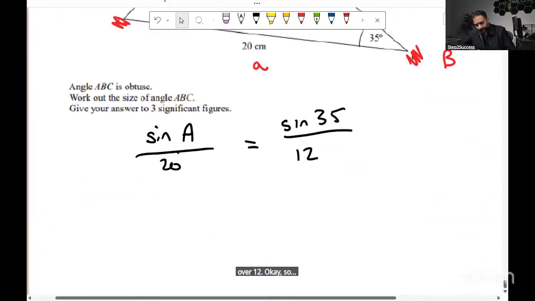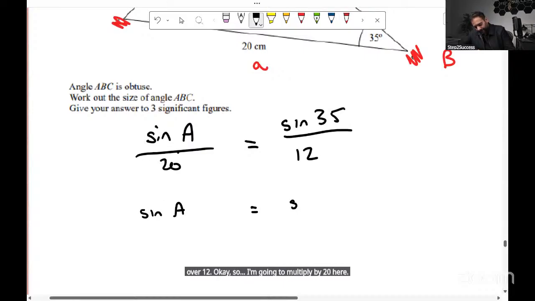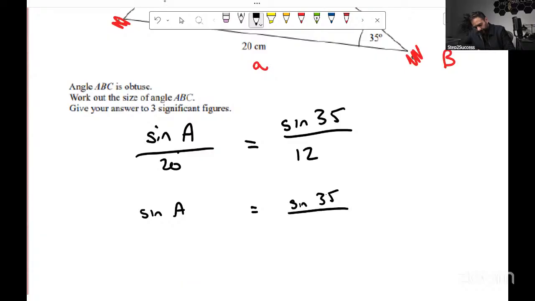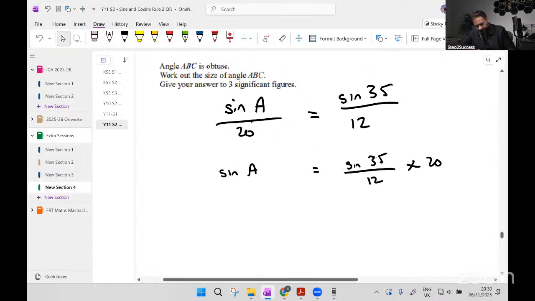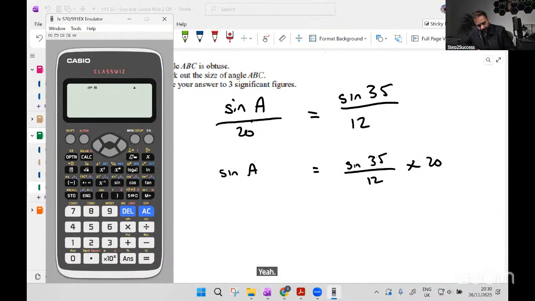So I'm going to multiply by 20 here, and it will give me, from memory, about 0.955. Sine A equals 0.955.